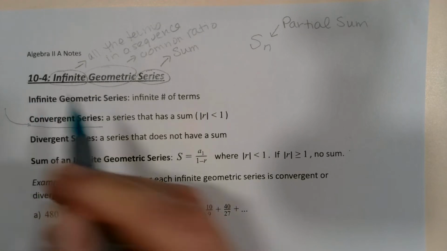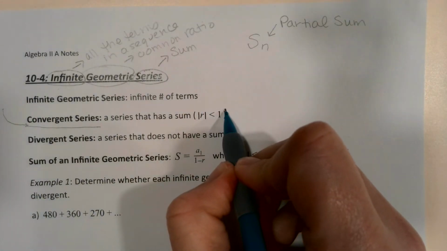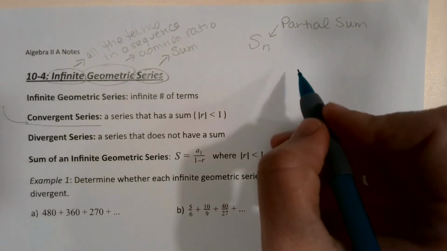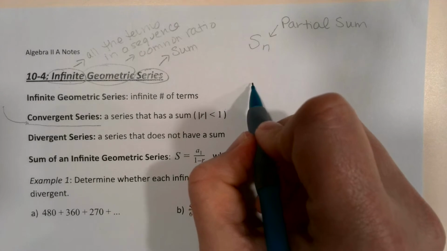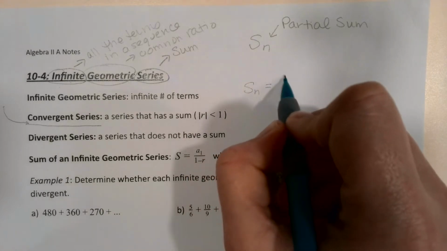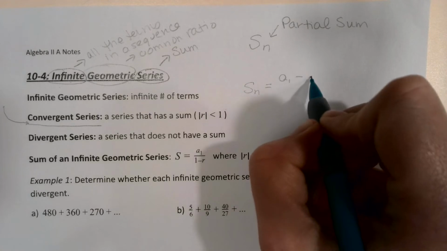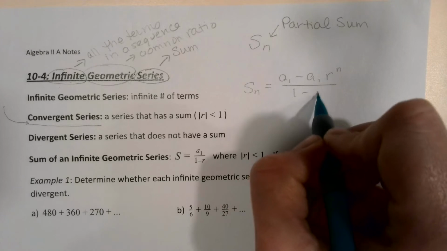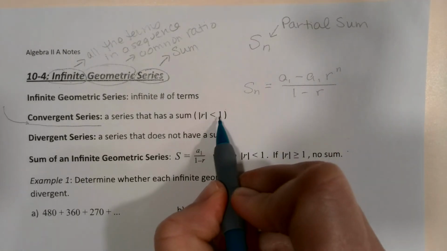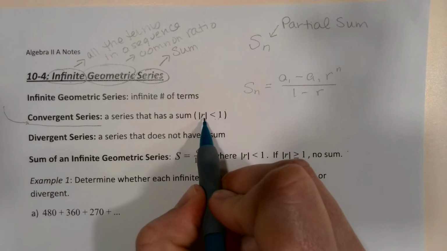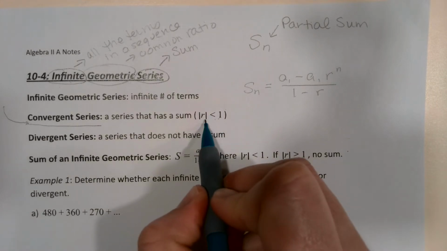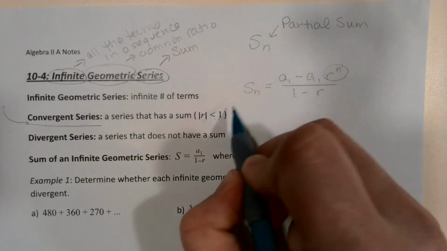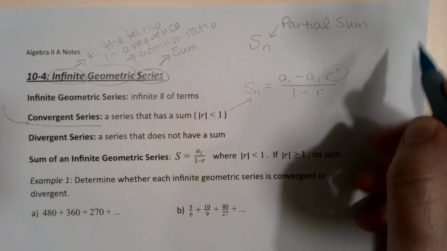When we were doing questions last section, we were using S sub n equals the first term times 1 minus the rate to the nth power, over 1 minus the rate. So here, if the absolute value of the rate, which could be positive or negative, is less than 1, what happens with this part?